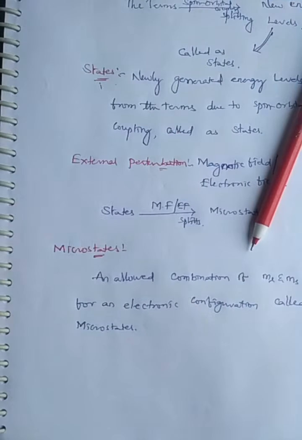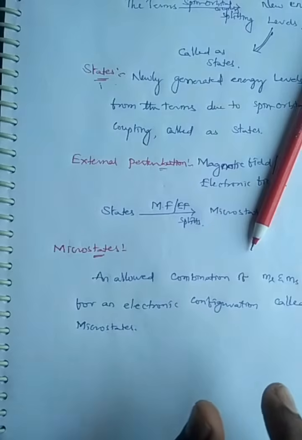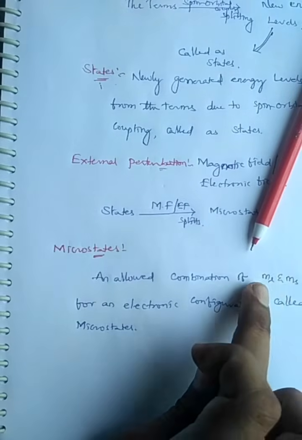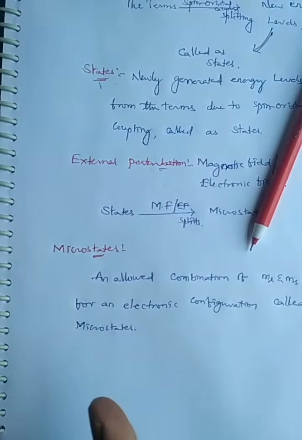So in an electronic configuration, if we arrange electrons with an allowed combination of ML/MS values, such allowed combinations of ML/MS values will be known as microstates, right?